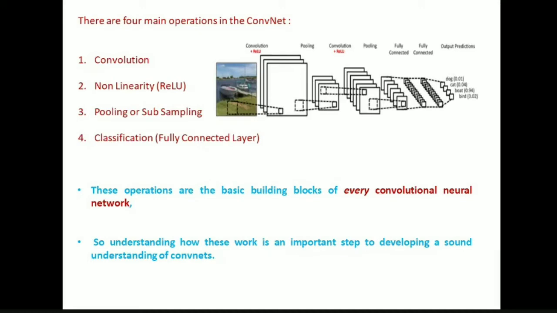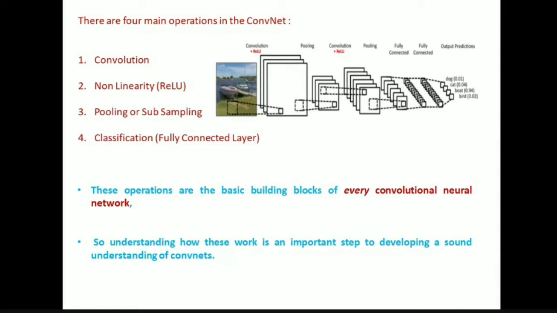Now, there are 4 main operations in the convolutional neural network. The first one is the convolution operation, very important. Next, applying the non-linearity on this convolution operation. The third operation is called pooling, or also subsampling. And the last one is classification. These are the 4 main important operations in the convolutional neural network.